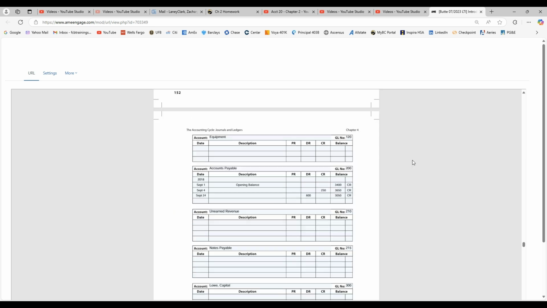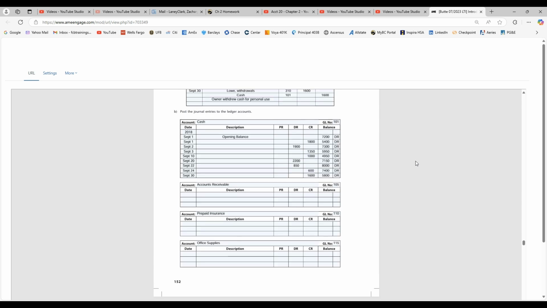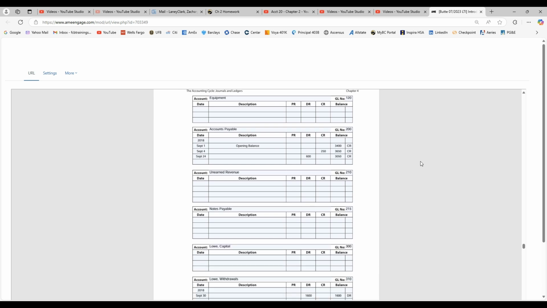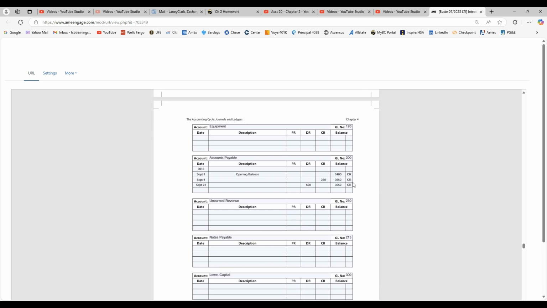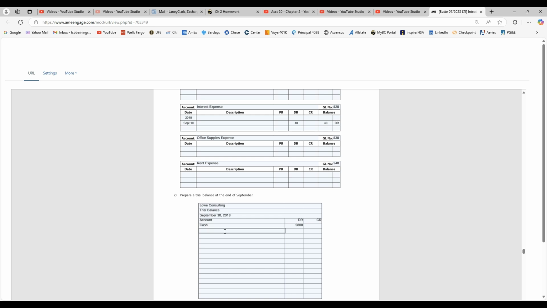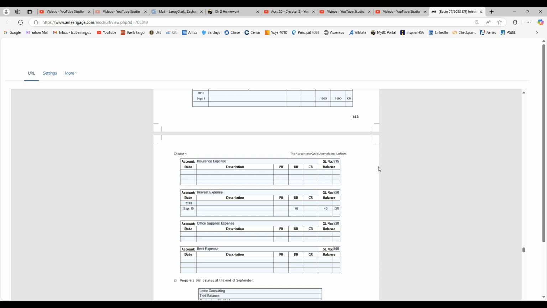And yeah, I guess I'll put a couple of them in here just to fill this out a little bit for us. So there's cash. So you'll want to put in AR, prepaid insurance, office supplies, equipment. I'll put in accounts payable for you. And the ending balance in accounts payable is a credit balance of $3,050.